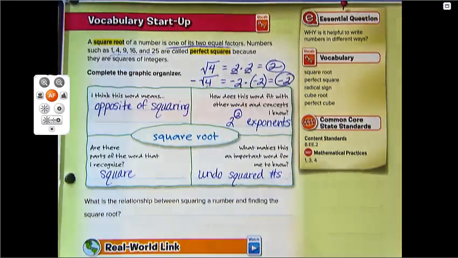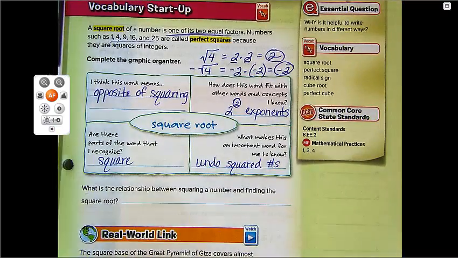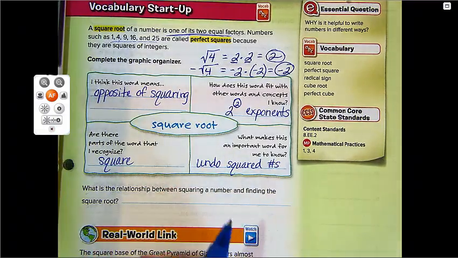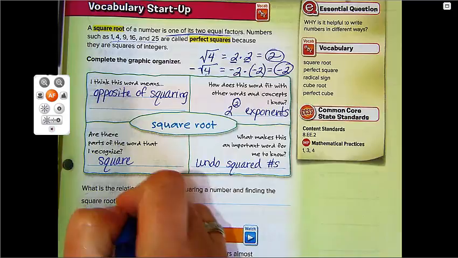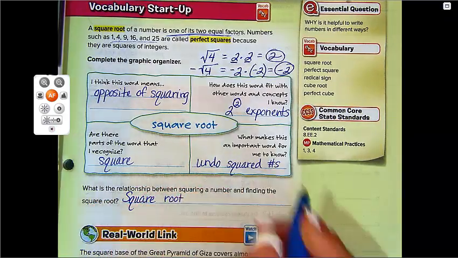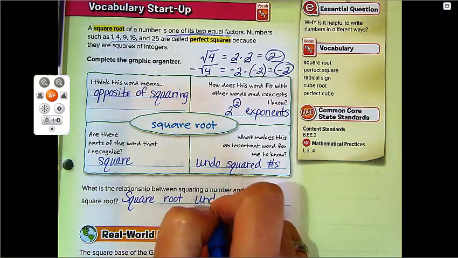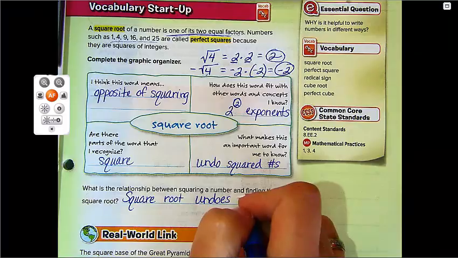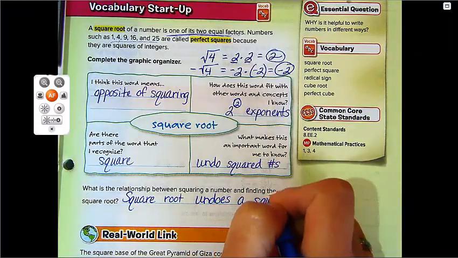Well, hopefully you got that from what we just talked about. In order to undo a squaring, I can square root a number. So the square root of a number reverses a squared term.